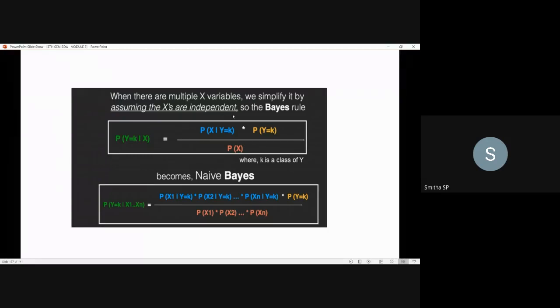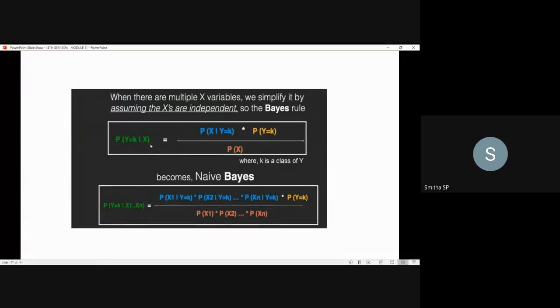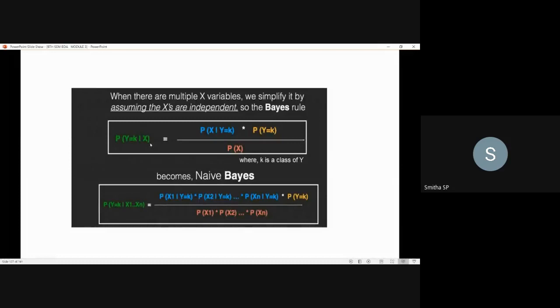So the Bayes rule: P of y equals k given x equals P of x given y equals k, into P of y equals k, divided by P of x. So what is this k? Here k is a class of y.